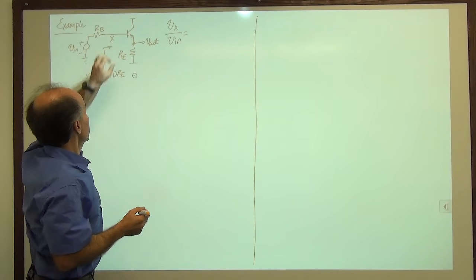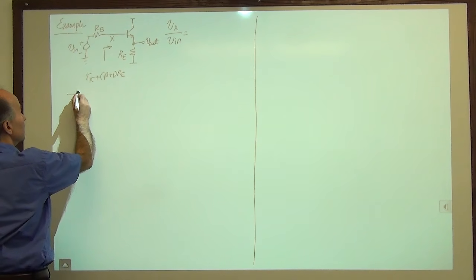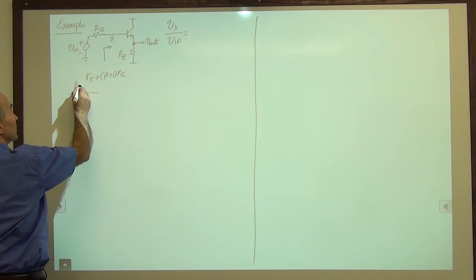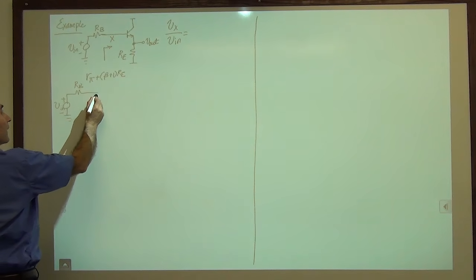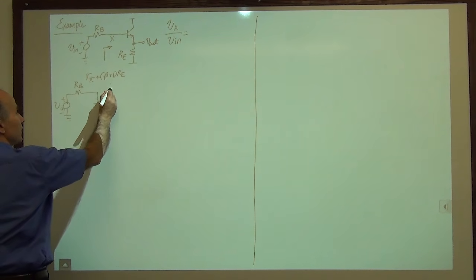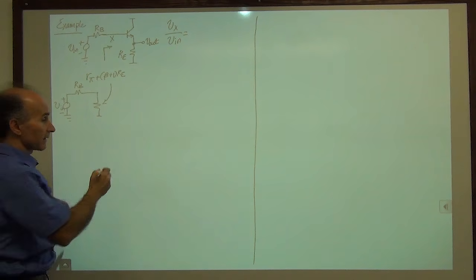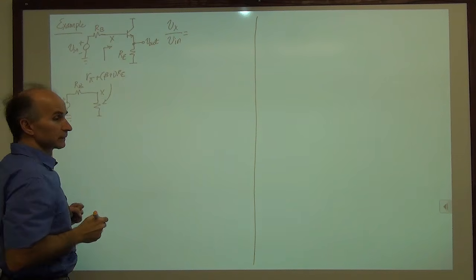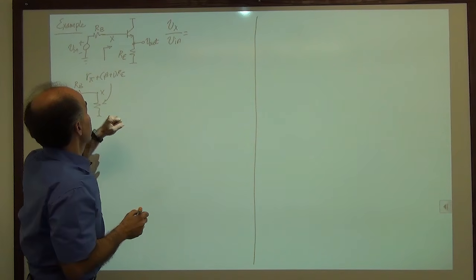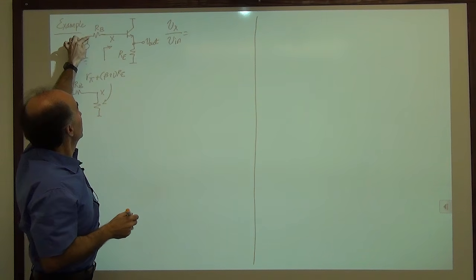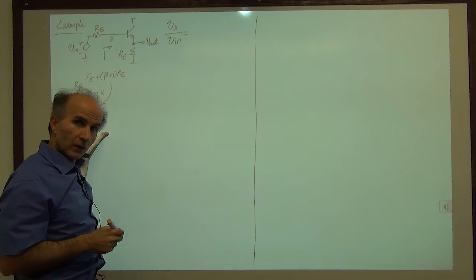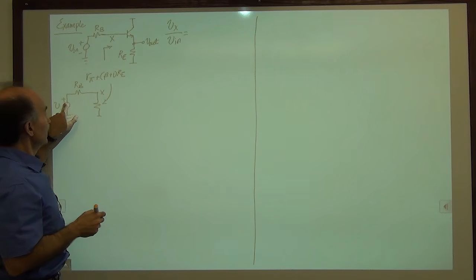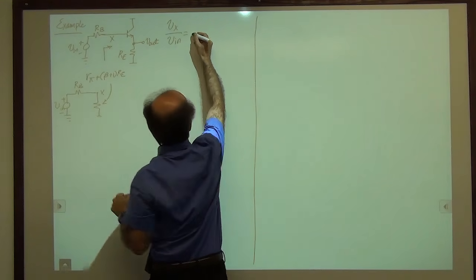In other words, this circuit simplifies to RB, a nice little voltage source here, V in, and then this resistance here. And this is node X. Right? As far as the signal propagation from here to here is concerned, we can have this equivalent circuit. So Vx over Vin is just that of a divider.